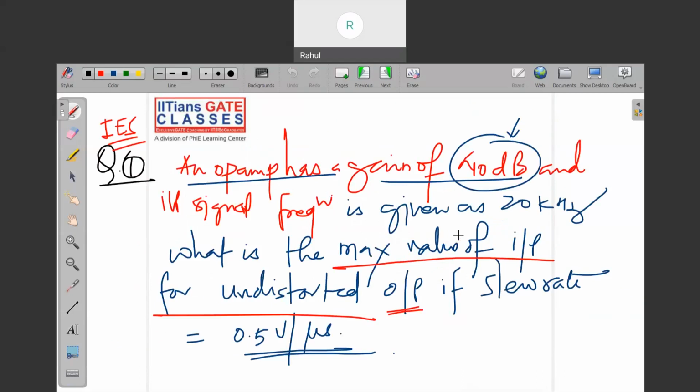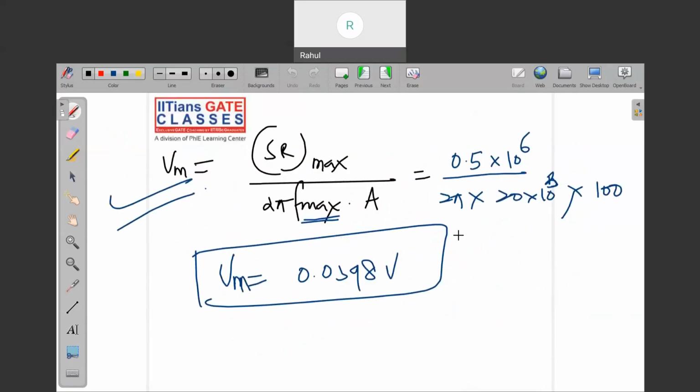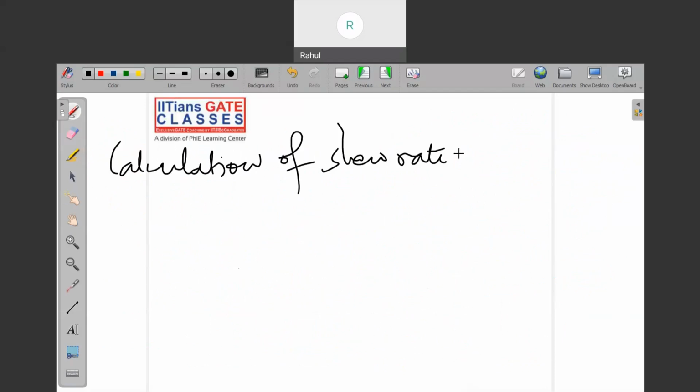And what is the calculation whenever the input is not sinusoidal? Suppose the input is non-sinusoidal, then how can you calculate the slew rate? So remember the calculation of slew rate for non-sinusoidal input.